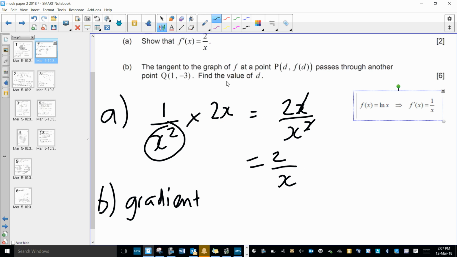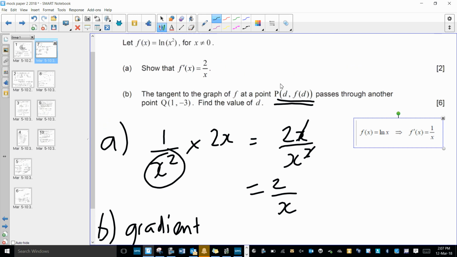Now, we've got lots of unknown things here. So we know that P is d, f of d. So this point d, this is our x coordinate. So our f of d is actually going to be ln d squared. Hopefully you're all happy with that. So all I've done is put the value d in here.